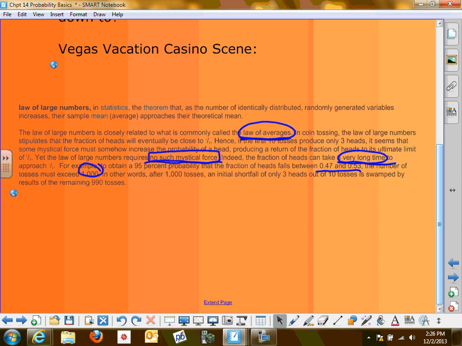First of all, by definition, the law of large numbers is a theorem in statistics. Theorem meaning it can't ever be proven, but it is a theory that as the number of identically distributed, meaning same probability, trials increase, so every time you flip the coin, it's a 50% chance every single time. Randomly generated.